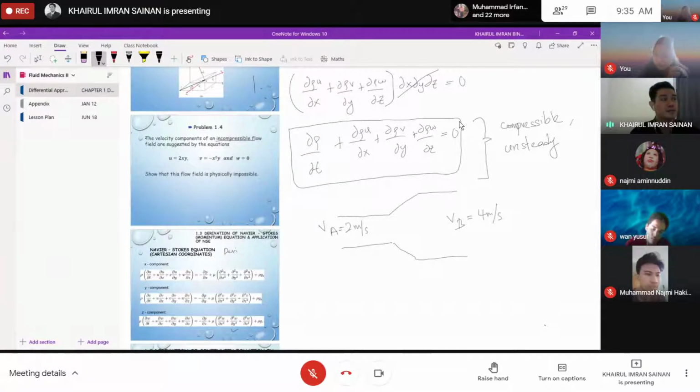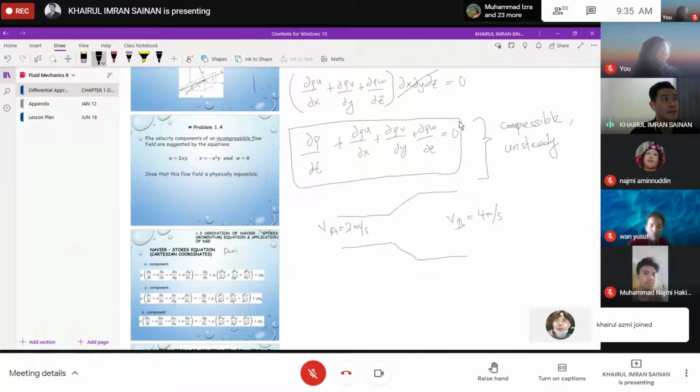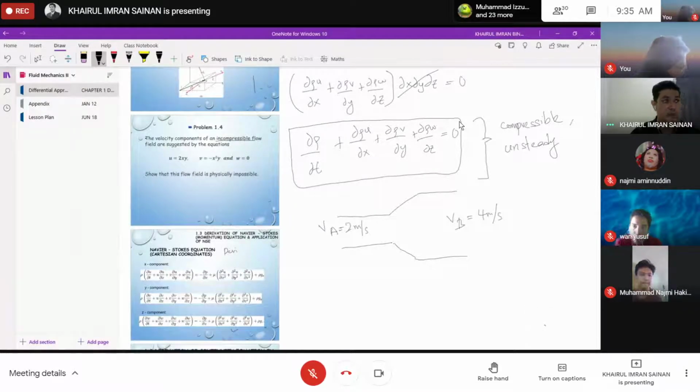Okay, hear me out. The important thing is, first, this is a piping flow, fluid flow inside a pipe. So commonly, it's not going to be compressible flow. It's going to be incompressible flow.